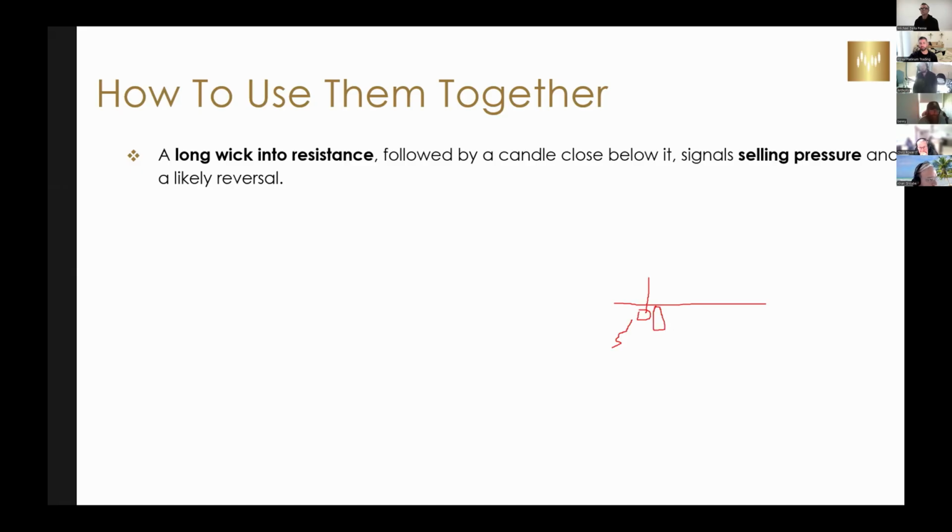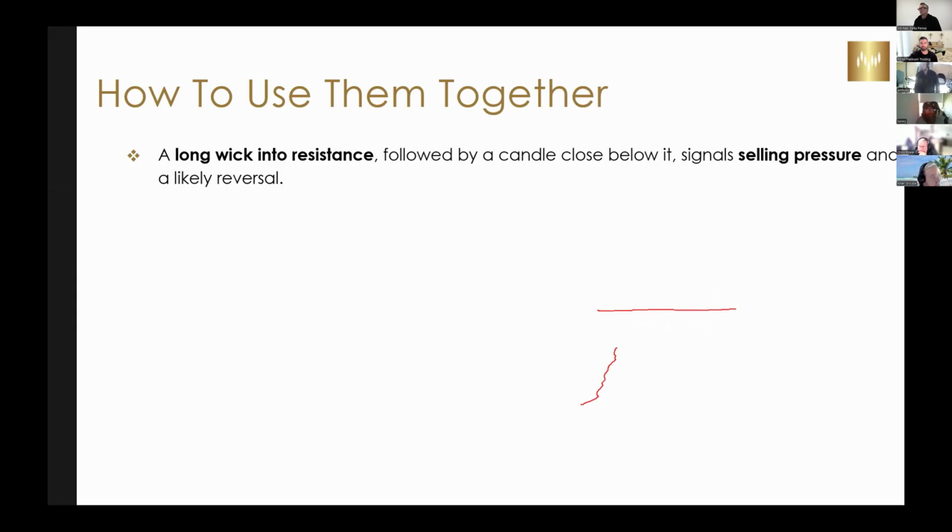It could be a big candle too. It could move, move, move, and you could get a decent body in through here. Actually, let me remove that. Again, price moves up, up, up, up.